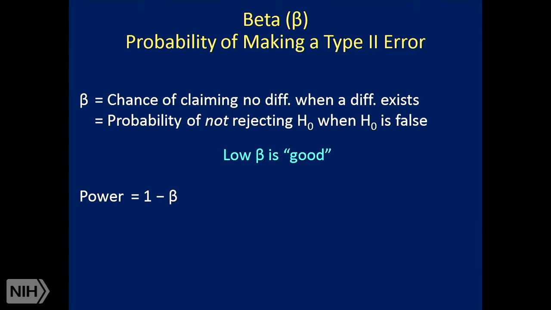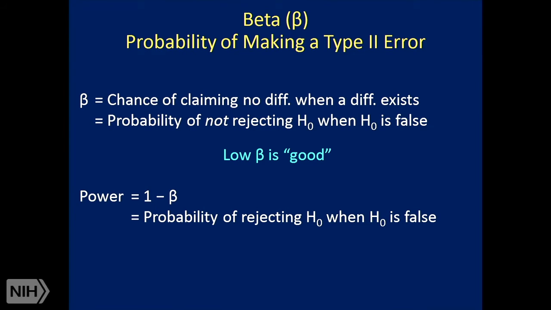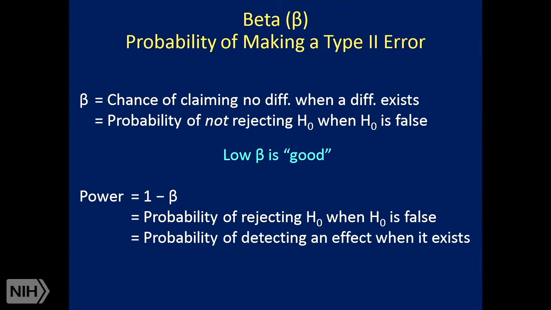Power is 1 minus beta. It's the probability of rejecting H0 when H0 is false. It's claiming there is a difference when there is a difference. We say also it's the probability of detecting an effect when it exists. So it's the right thing, it's a good thing, and so high power is good. But it's 1 minus beta.